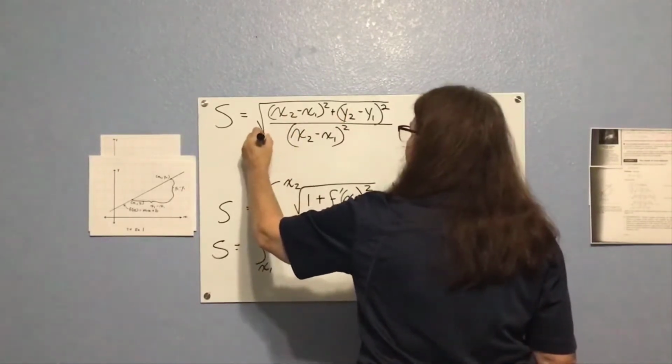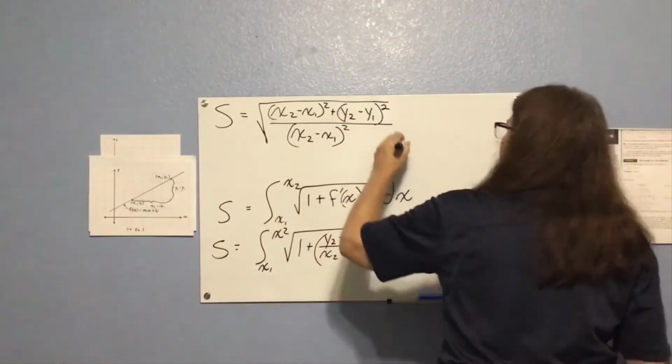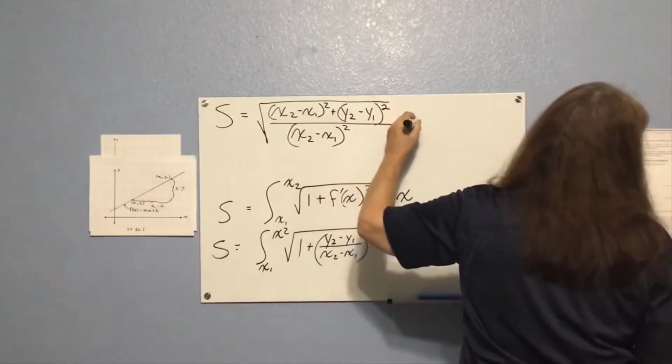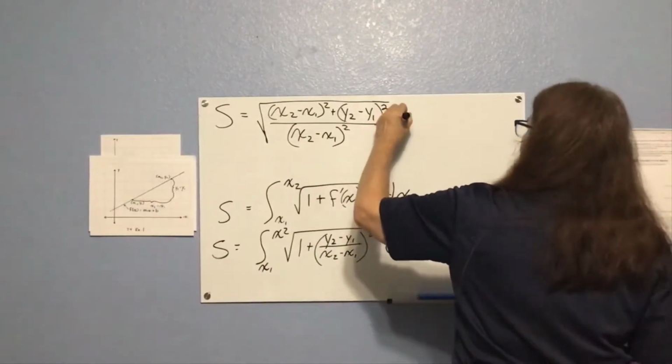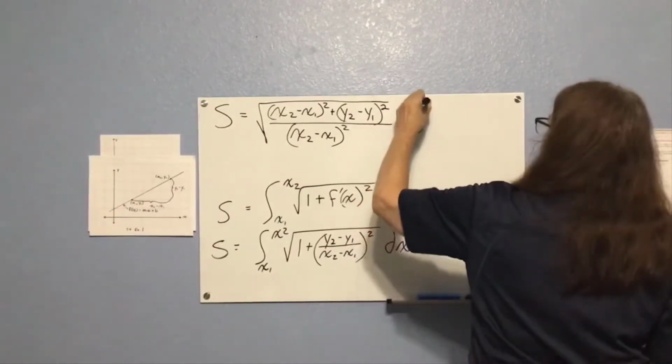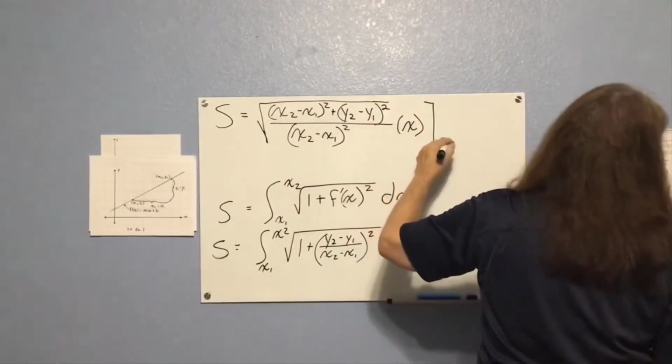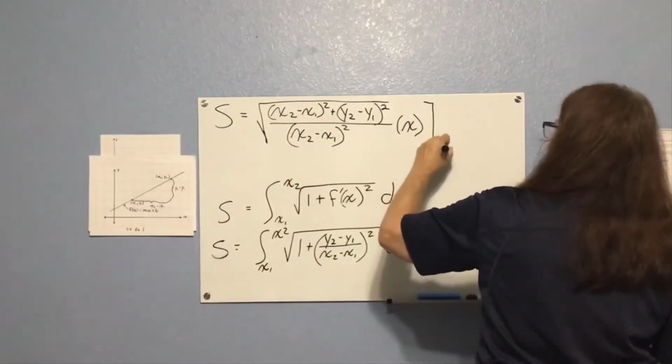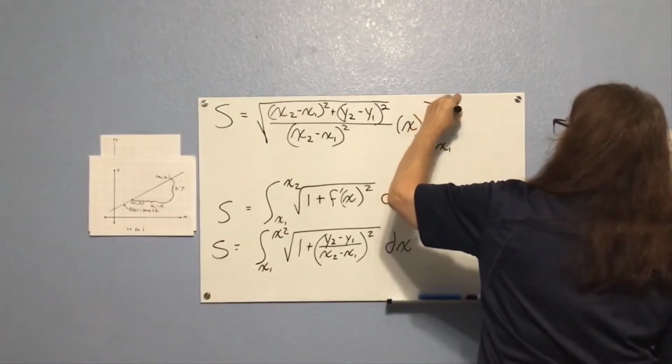And this is all inside that square root. And then on the outside, we have x, and we're going to evaluate this one from x1 to x2.